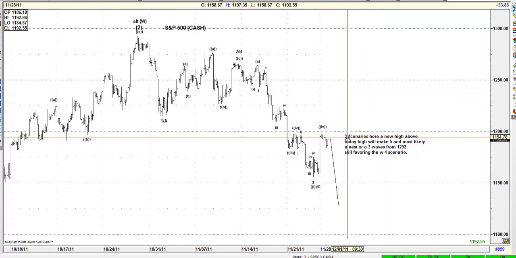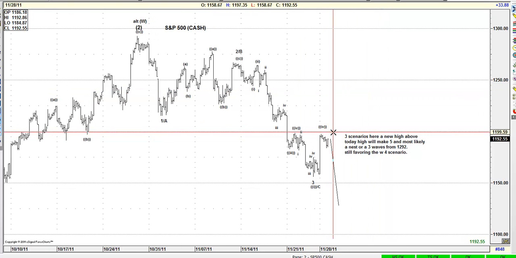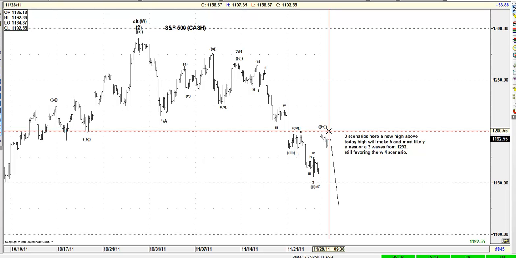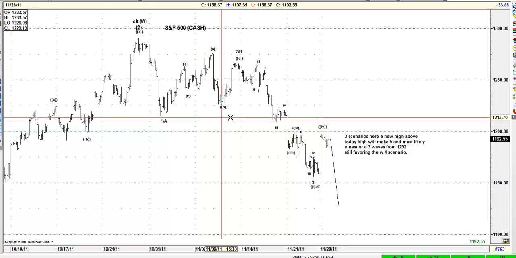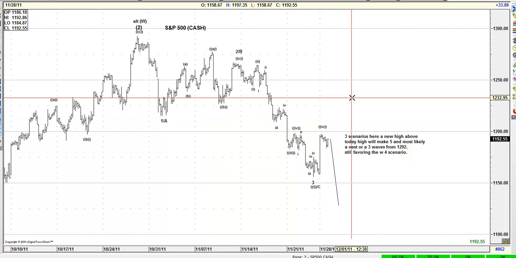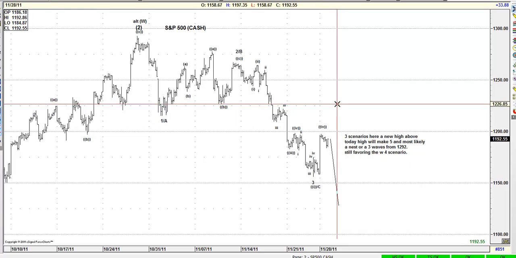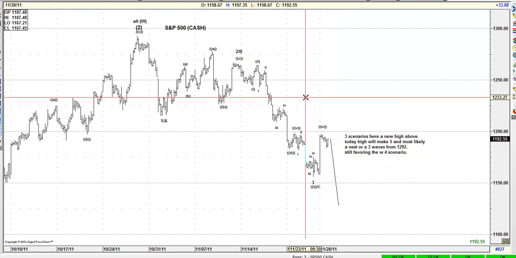Why? Because it's going to take the wave 4 scenario out of the equation, because if you got 5 waves almost overlapping, the next leg higher is going to overlap. So technically, since yesterday, we like the idea that the S&P is nesting, or it's a 3 waves.